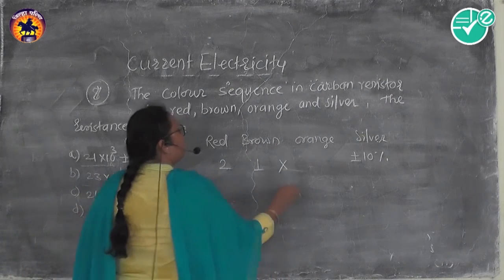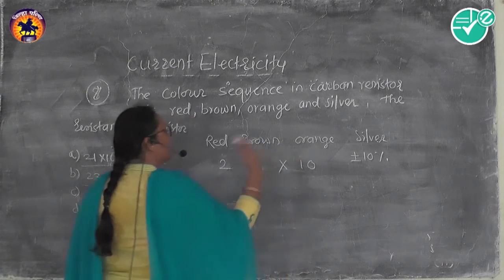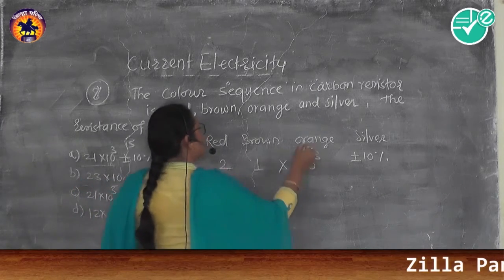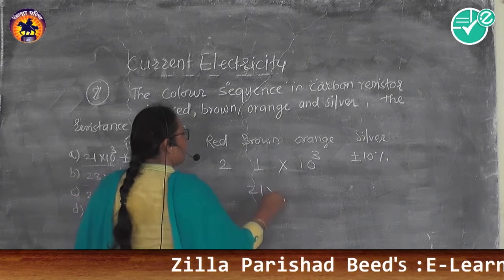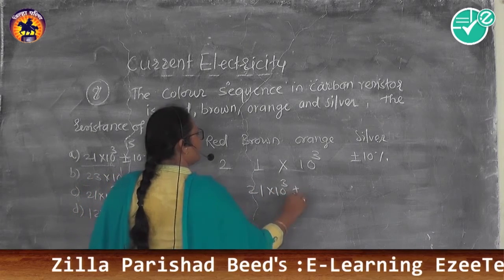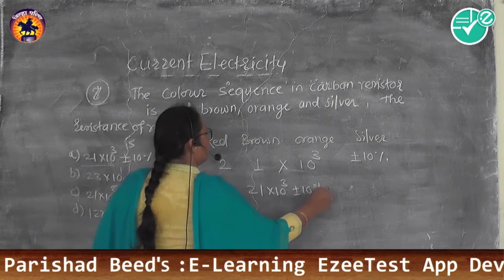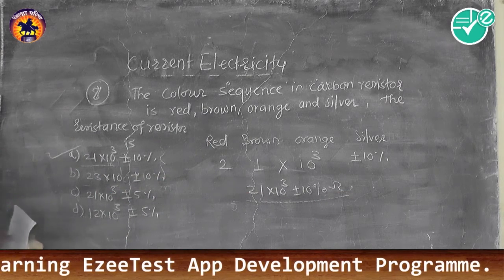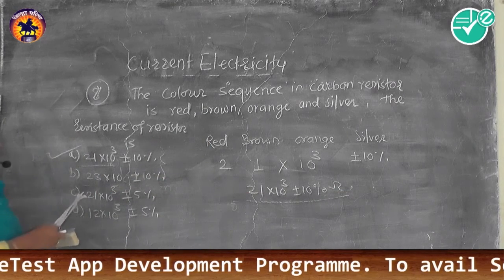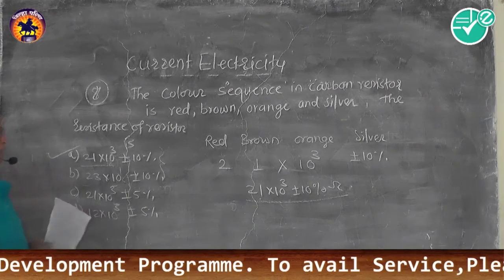Orange means the multiplier of decimal, and orange has color code 3. So 21 into 10 to the power 3 plus or minus 10% ohm. And hence the option is 21 into 10 to the power 3 plus or minus 10% ohm.